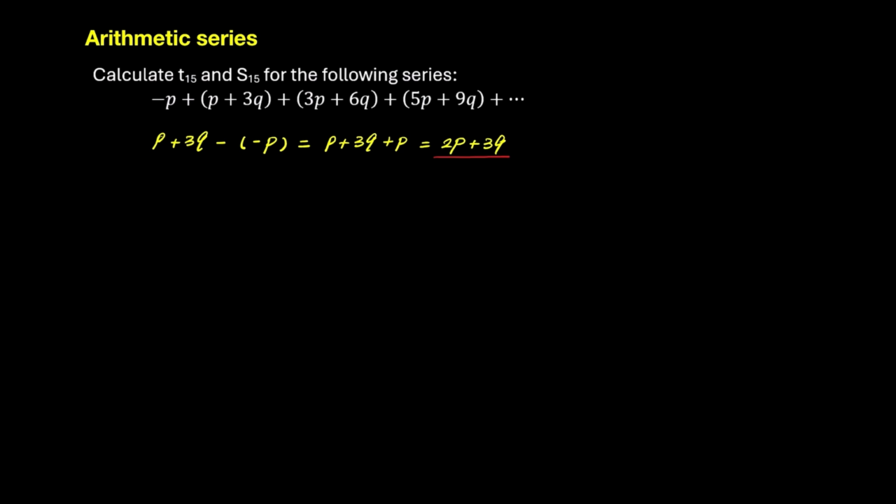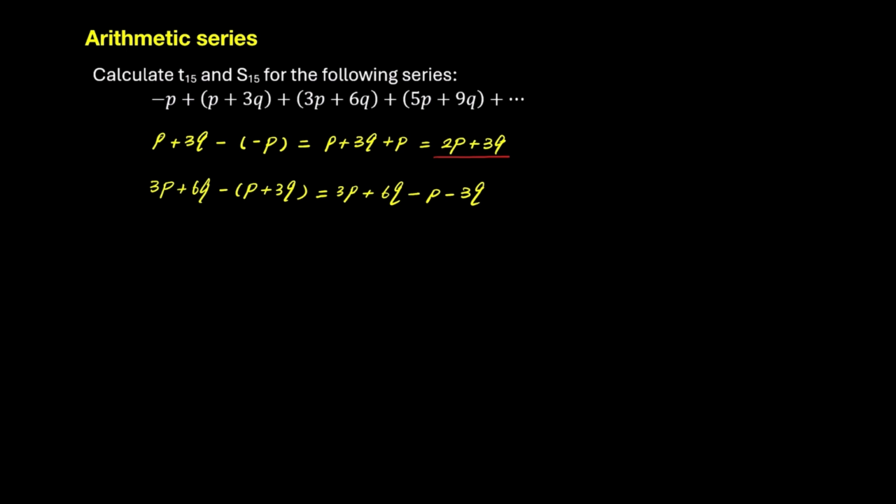Now let's look at the difference between the second and the third term. So the third term is 3p plus 6q minus (p plus 3q), which is the second term. Let's simplify this expression by removing the bracket. So it equals 3p plus 6q minus p minus 3q.